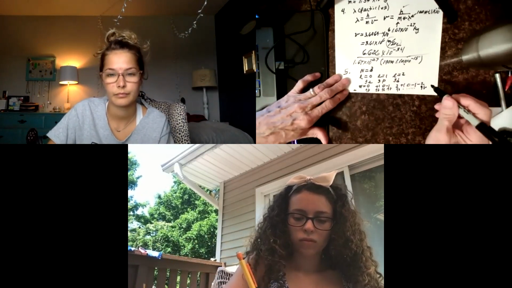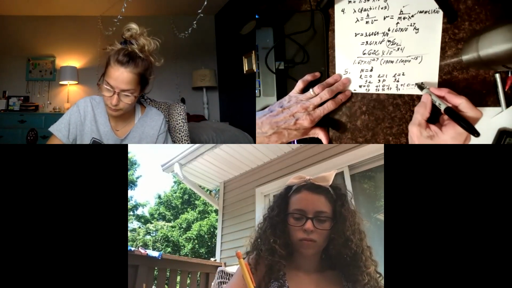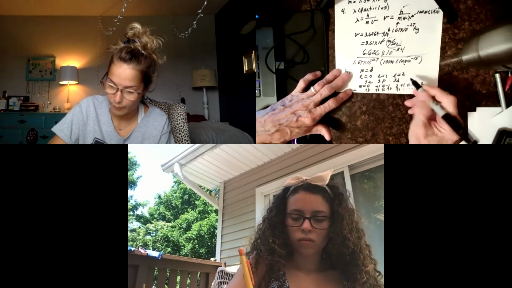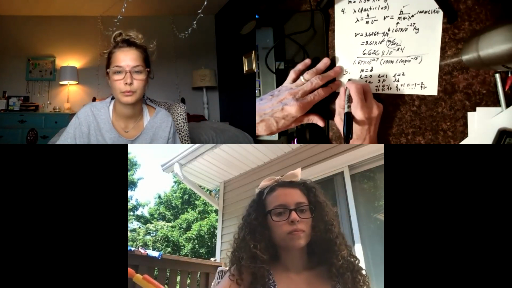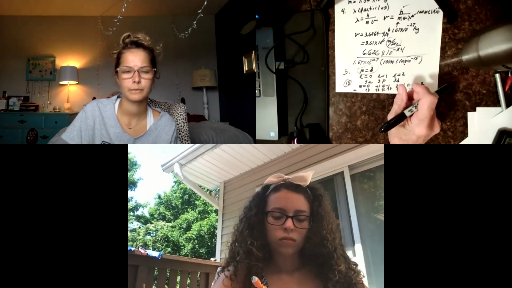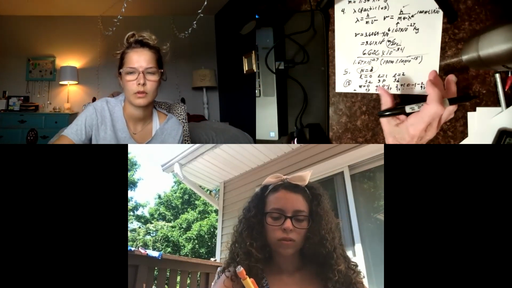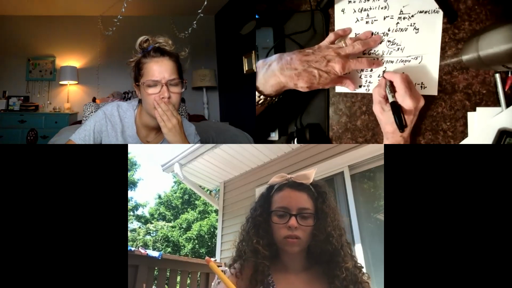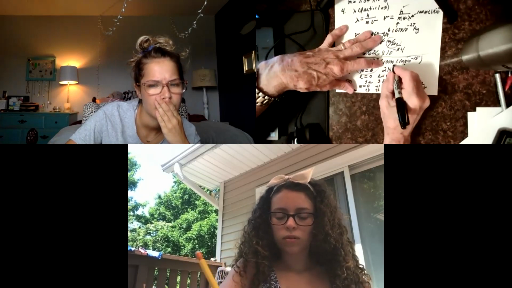Well, how many electrons total would that be? 2, 4, 6, 8, 10, 12, 14, 16, 18. That would be 18 electrons that could have n equal to 3, and that's response D. Now, here's the quick and dirty: it's 2n squared.